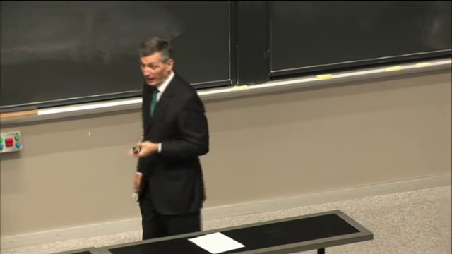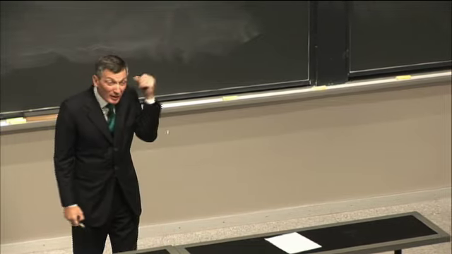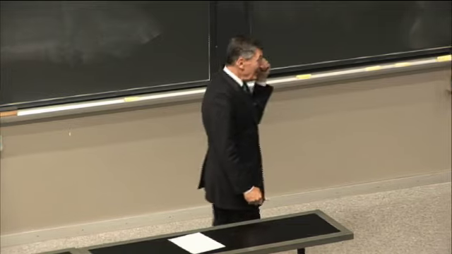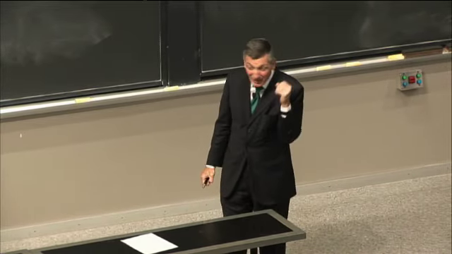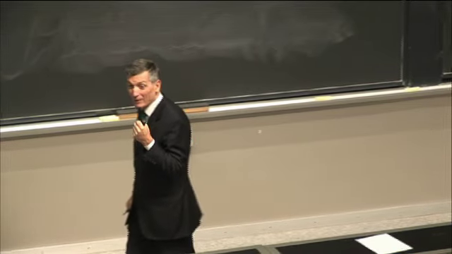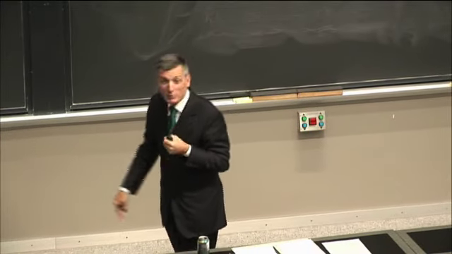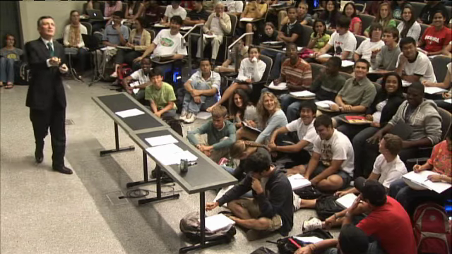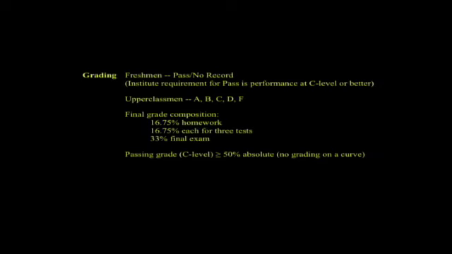So think about that before you call Hillary in late November saying, what do I need to get a 50? I need a 32 on the final? Okay. But Lord help you, you get a 31, you go down. Upperclassmen get the luxury of the entire alphabet, A, B, C, D, F.